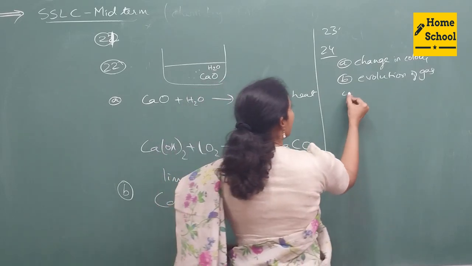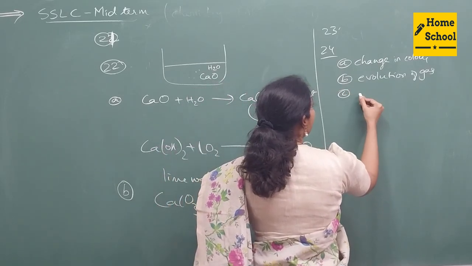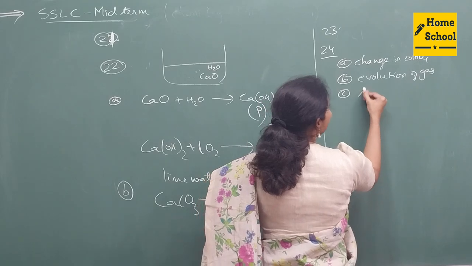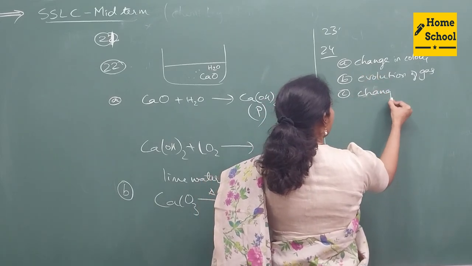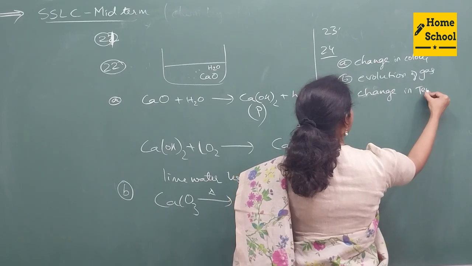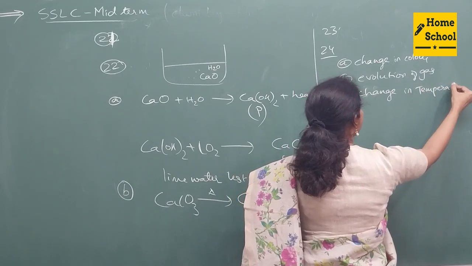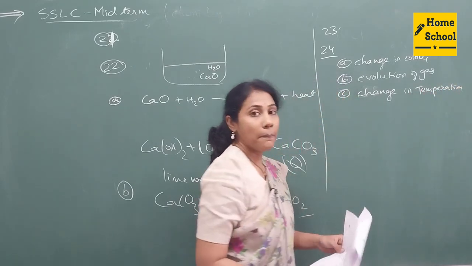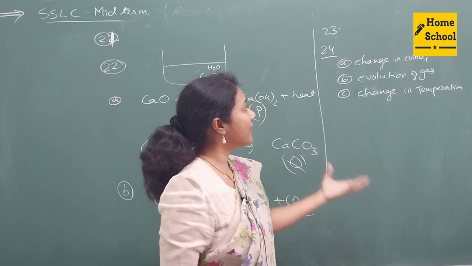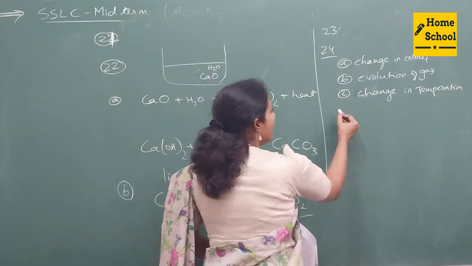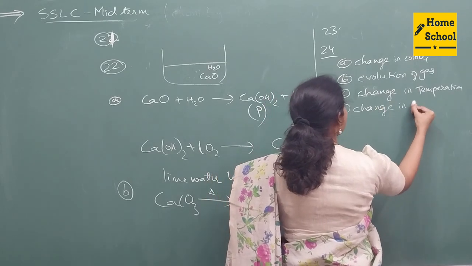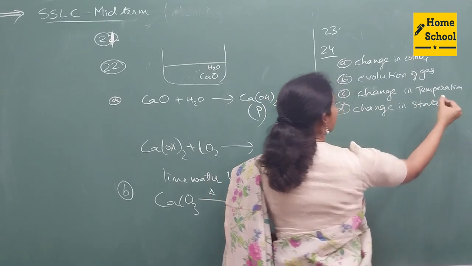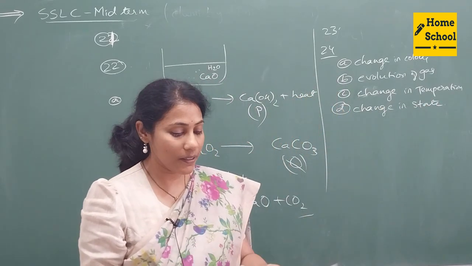Third, by change in temperature. In some chemical reactions, heat is released. By observing that, you can identify that there is a chemical reaction. And the fourth one is by change in state. These are the things you have to mention in your answer, guys.